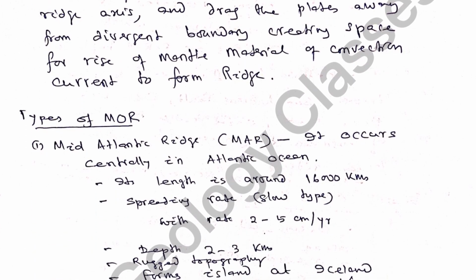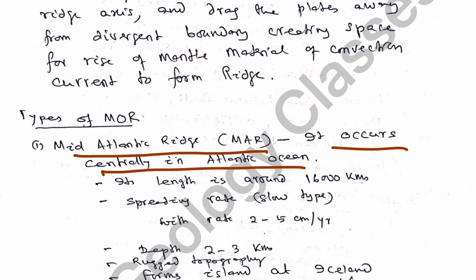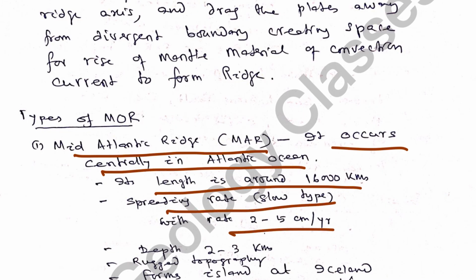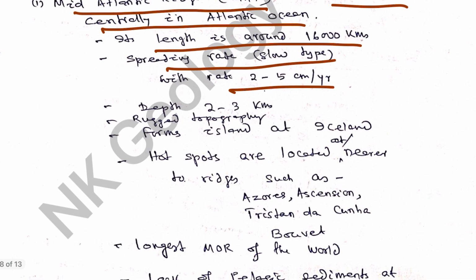Now let us discuss about the different types of the mid-ocean ridges that are found over the Earth's surface. The major ridge is the mid-Atlantic ridge. It occurs centrally in the Atlantic Ocean that I have shown in the map. Its length is around 16,000 kilometers. Its spreading rate is very slow type, 2 to 5 centimeters per year. Depth of the ridge is 2 to 3 kilometers from the ridge top to the ocean floor.